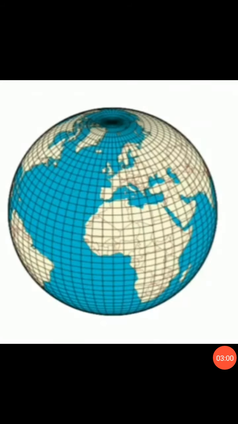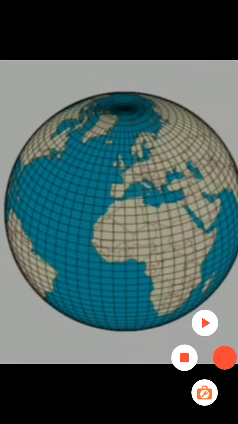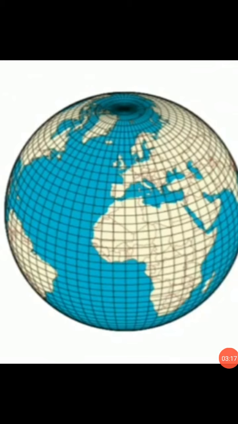As you can see, the parallel and meridian lines on the globe which look like a net are called a graticule. We also learned that the network of lines of latitude and longitude is called a graticule.